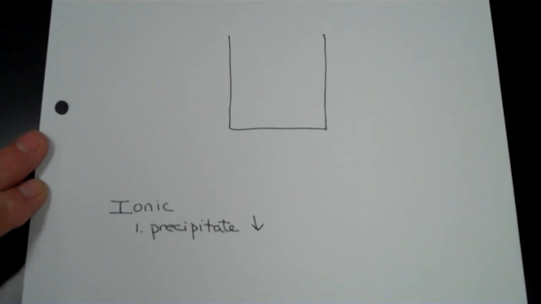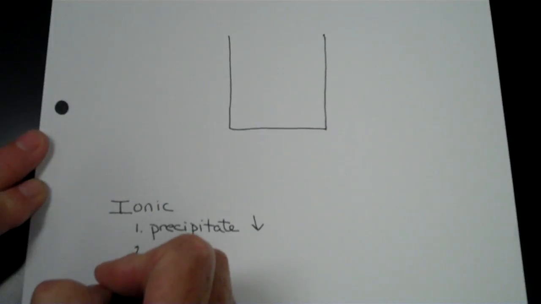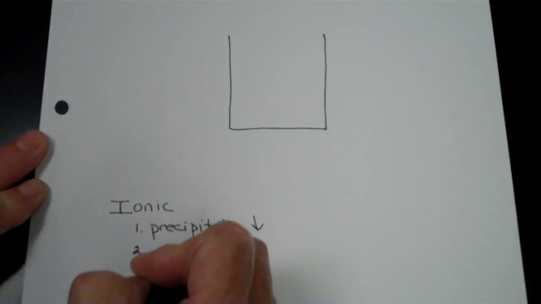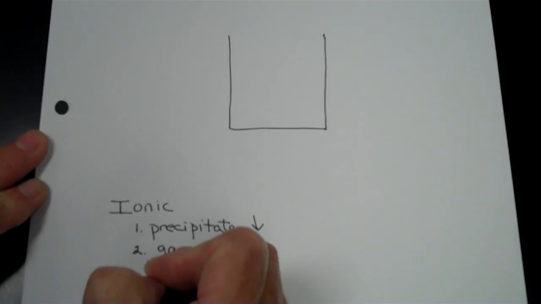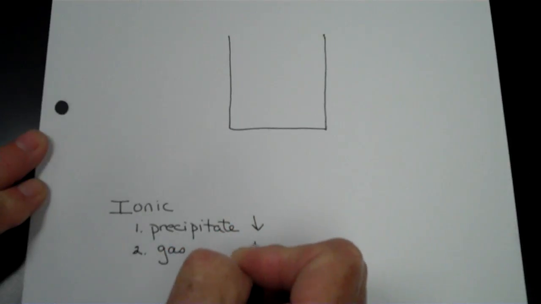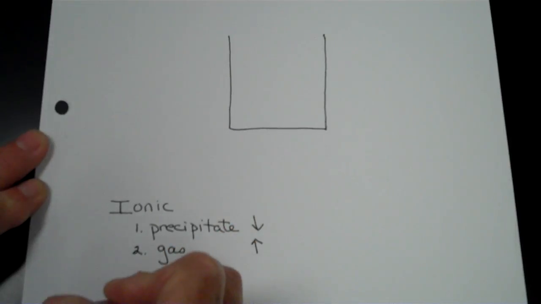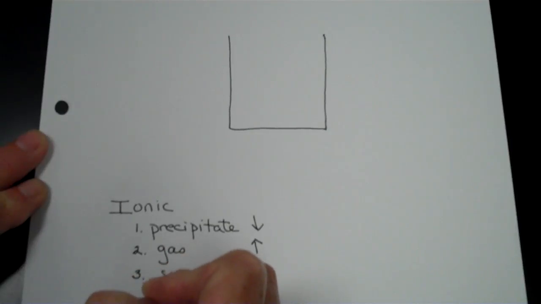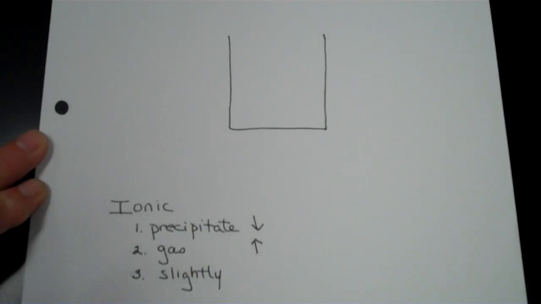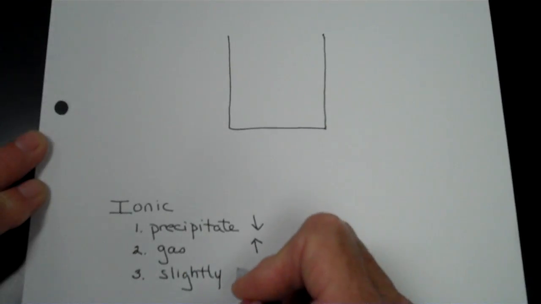But there are other options. An ionic equation might involve the formation of a gas. And today, in this video, what I'm talking about is the formation of a slightly ionizable product.